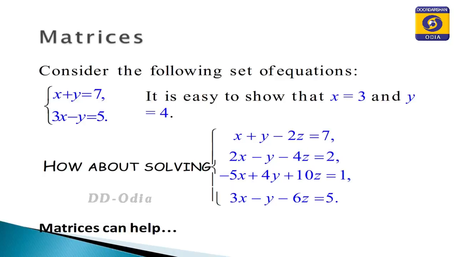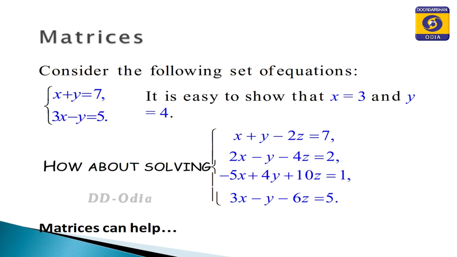Consider the following set of equations. Suppose x plus y is equal to 7 and 3x minus y is equal to 5. This can be solved by the elimination method or any other method. We can easily find that x becomes 3 and y becomes 4.